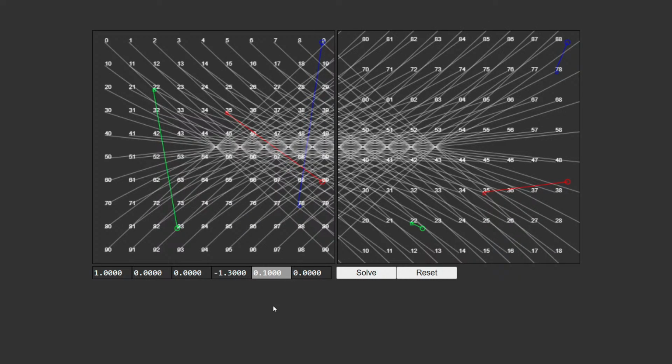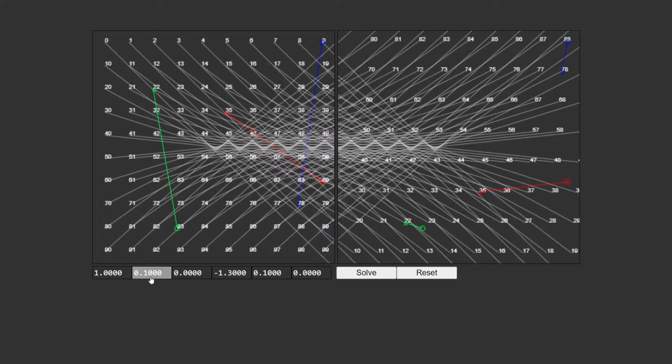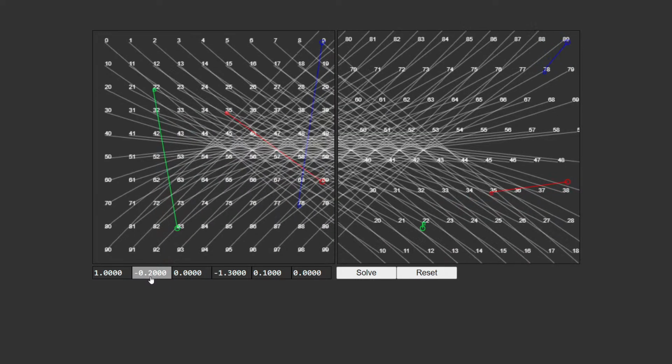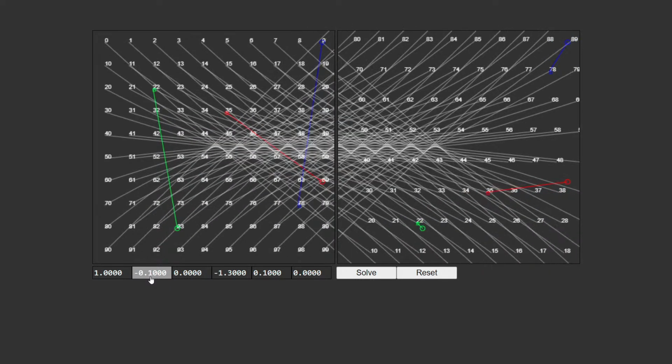I'm not going to know how to move this, because this red thing has to move more than the green thing. Maybe if we do a horizontal shearing, but that's not going to work.